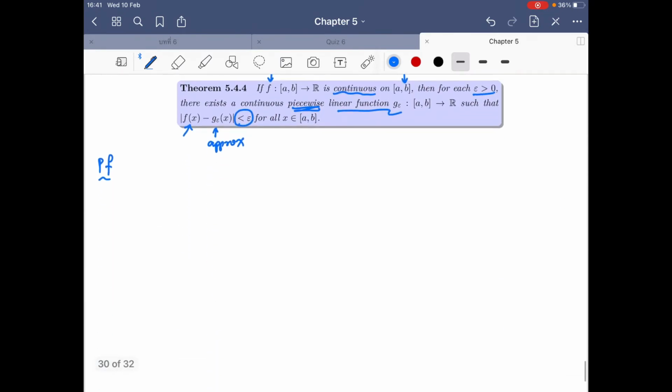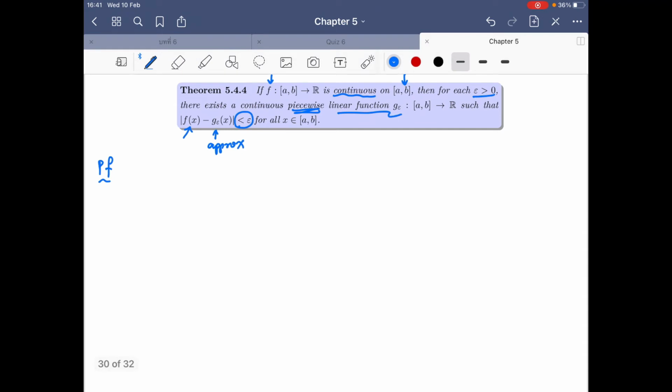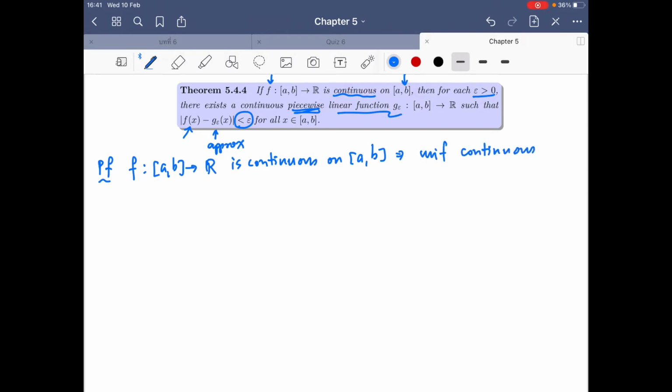So we are going to use the same idea. Again, your f from AB to R is continuous on this closed interval, so it is immediately uniformly continuous on the closed interval AB.